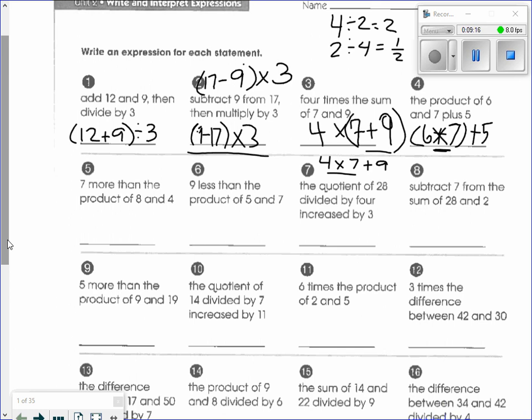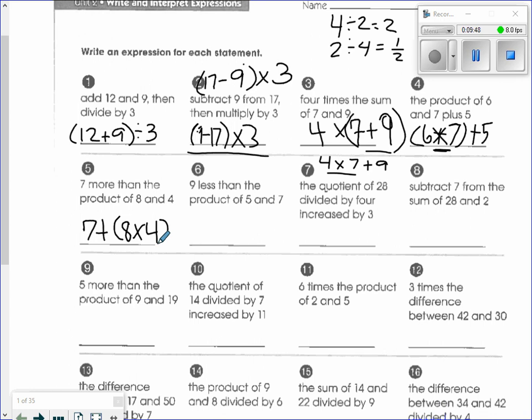Seven more than the product of 8 and 4. Number 5. Good.